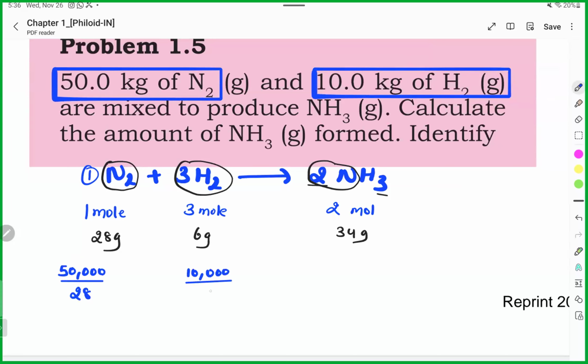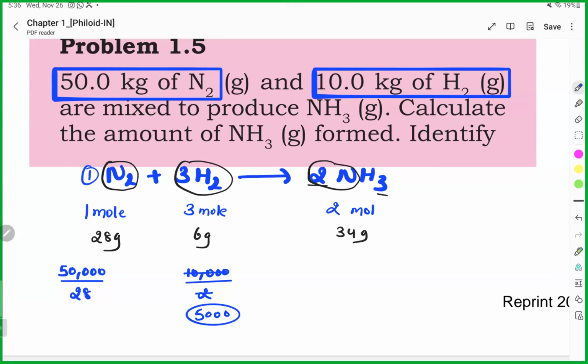What is the molar mass of hydrogen? 2. Correct. We can calculate the number of moles. Here you have 5,000 moles of hydrogen.